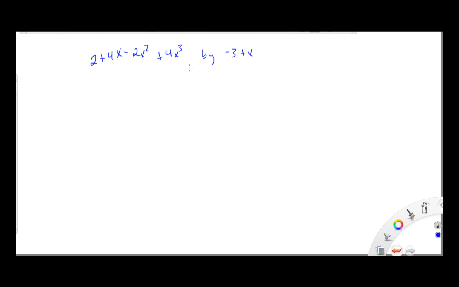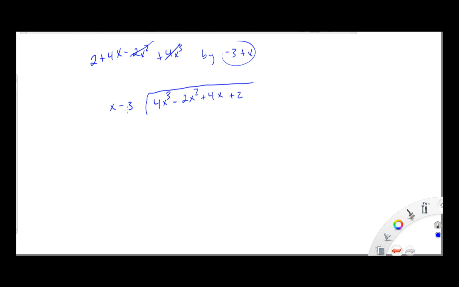Let's rearrange all this in descending order. So we're going to say 4x cubed, and then drop the term minus 2x squared. That takes care of these two terms. Plus 4x plus 2, and then we're going to rearrange this one and say x minus 3.